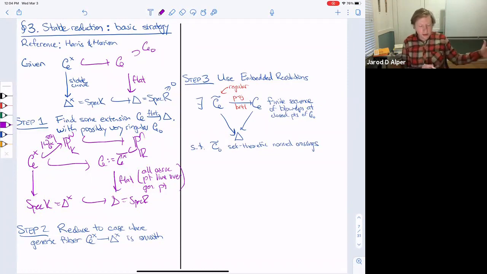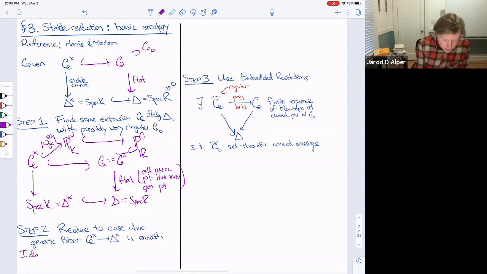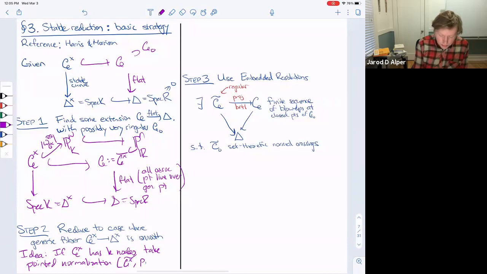And this is very similar to the examples that I just outlined, where the idea in step 2 is, if the central fiber has K nodes, just take the pointed normalization C star tilde, and since there's K nodes, there's going to be 2K pre-images, and then you perform stable reduction.